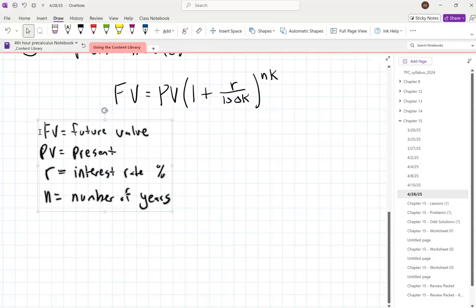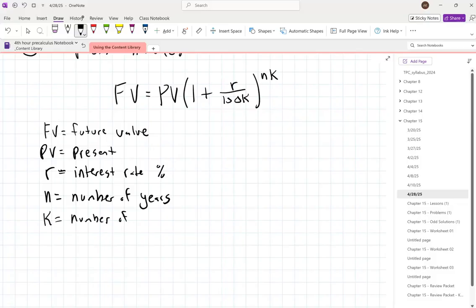There's just one new guy, which is the K. The K is just going to represent the number of compounds per year. So typically in these story problems, that value for K is going to be hidden inside of a word. Like it might say compounded monthly. So how many months are in a year? 12. That would mean K is 12.